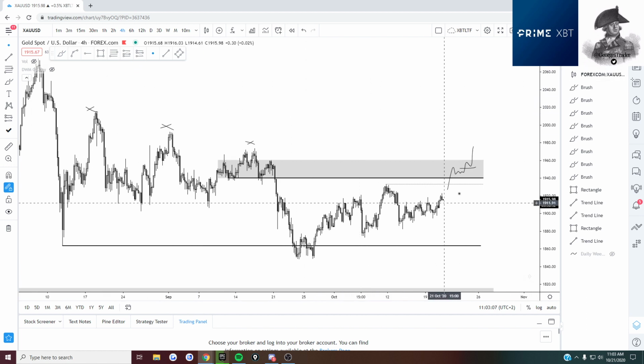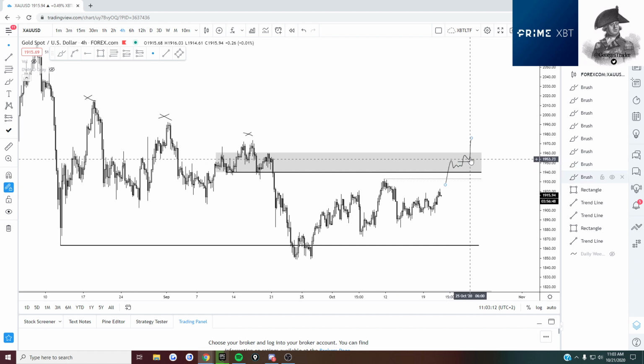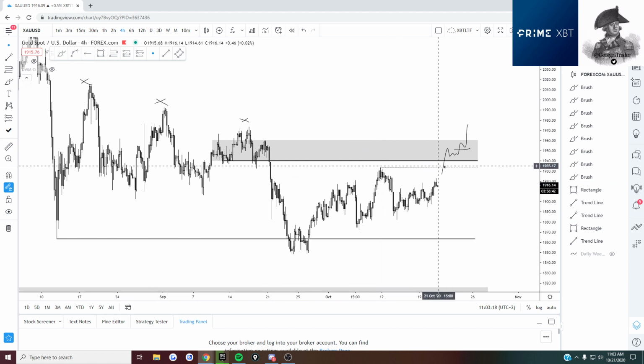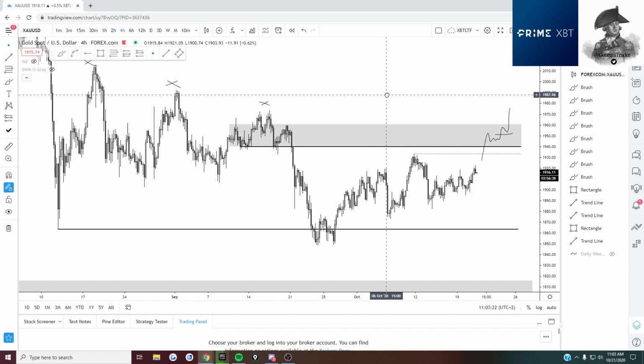So I'll be bullish if we get a break above here and hold, and look for longs on the lower time frames and target these highs. But for now, this is bearish in my opinion. So yeah, that's what I'm watching.